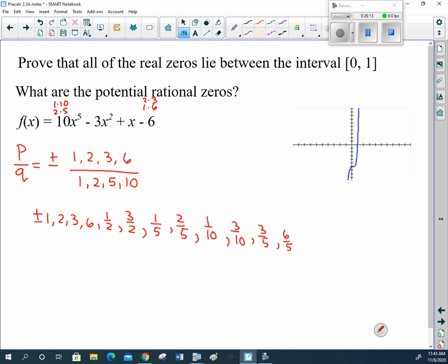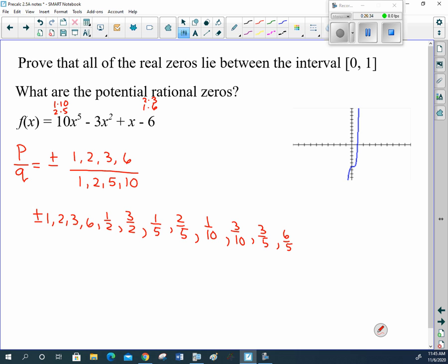But really, out of all those potential zeros, which ones should we try? What would be a smart guess to try based on the question I'm asking? Because we want to prove that all the real zeros lie between the interval 0 and 1. So why don't we just try 0?